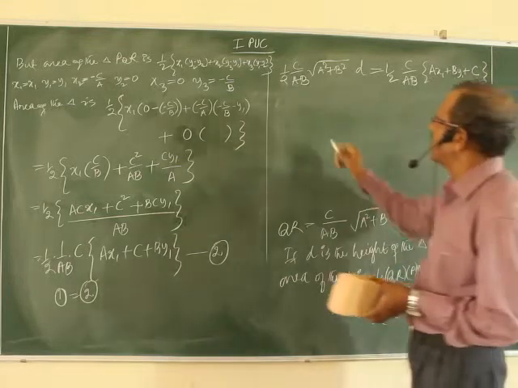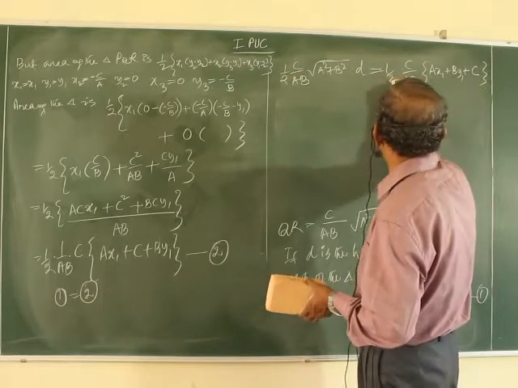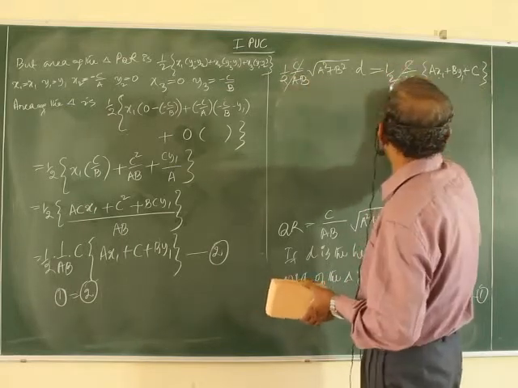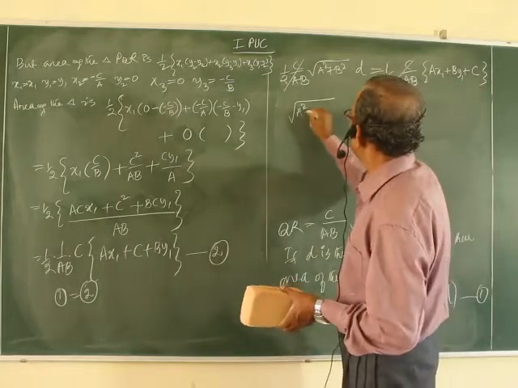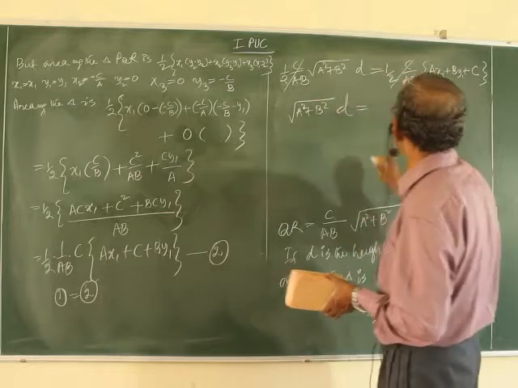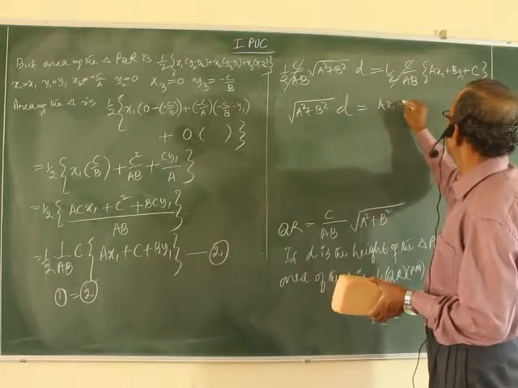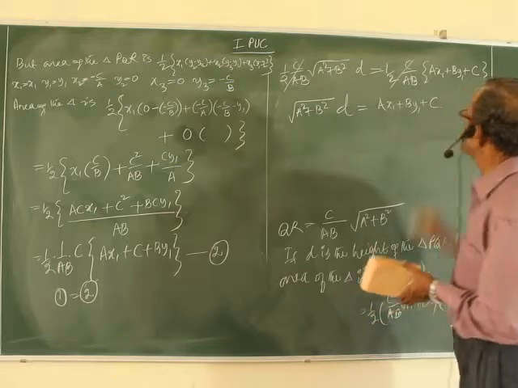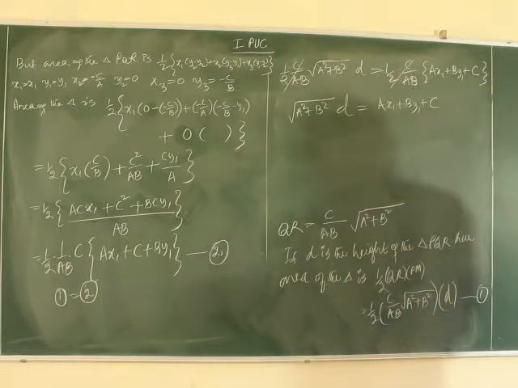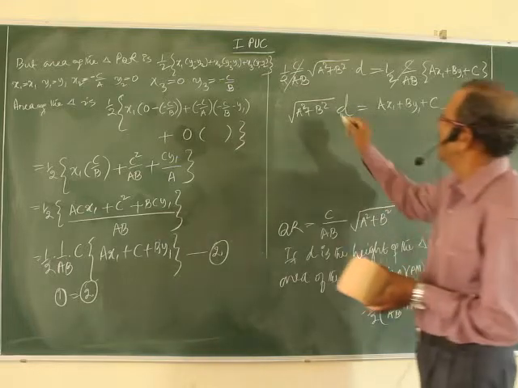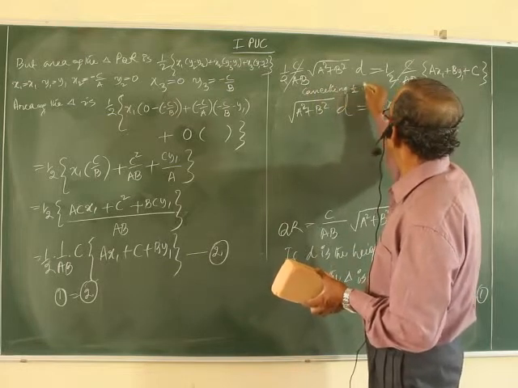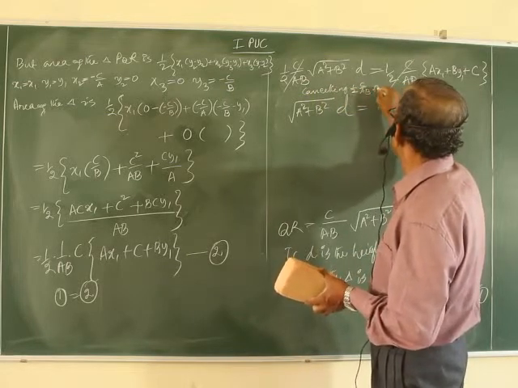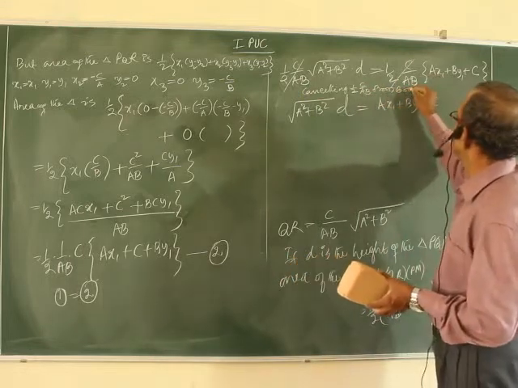So you can cancel half into c by ab from both sides. Root of a square plus b square into D equals a x1 plus b y1 plus c, after cancelling half c by ab.